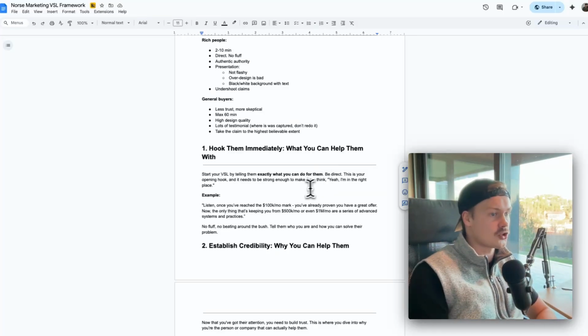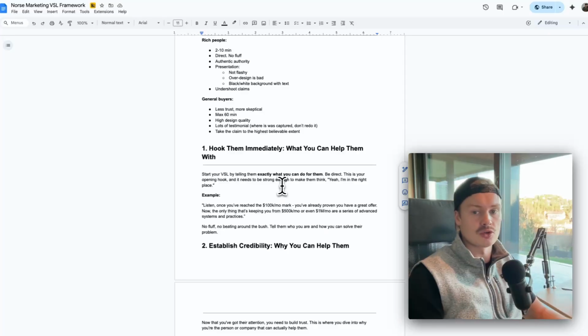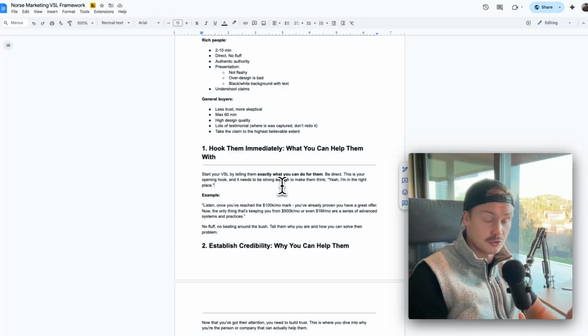So you need to make sure that people are very, very certain that they are watching the right video for them, because TikTok, Instagram, Netflix, all other things are going to give them more dopamine than your VSL for sure, right? So you need to make sure that you tell them if they're in the right place or not, okay?